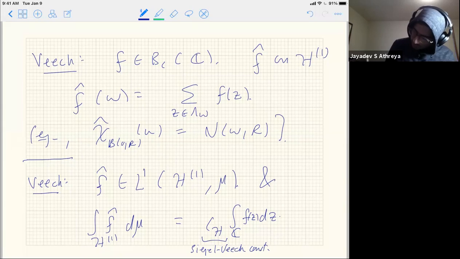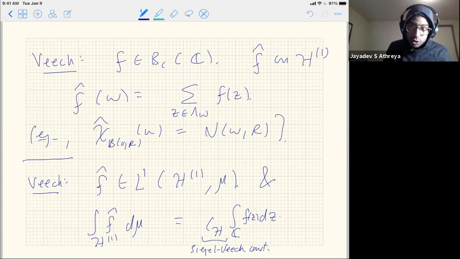To prove the second part of Veech's result is not so hard, because f goes to the integral of f hat d mu over H is now an SL2R invariant linear functional on bounded compactly supported functions on C. So it has to come from integration against some SL2R invariant measure.